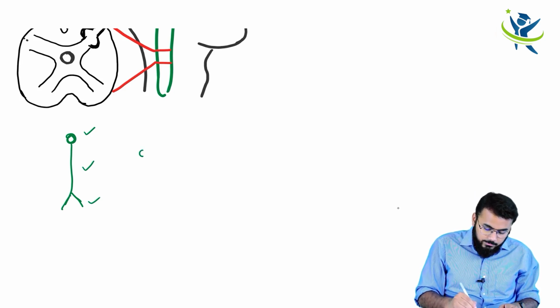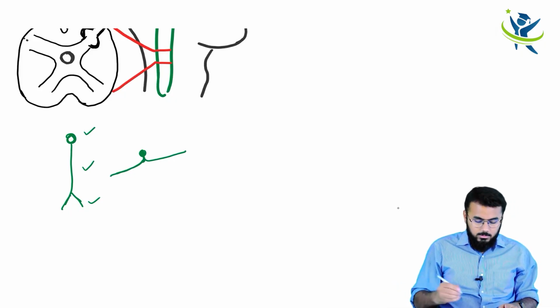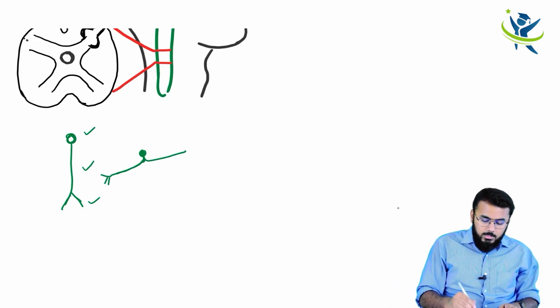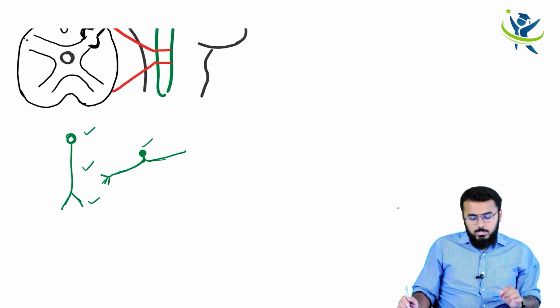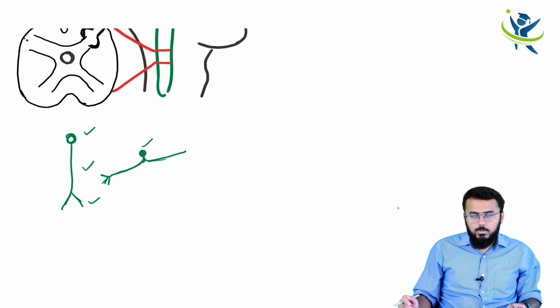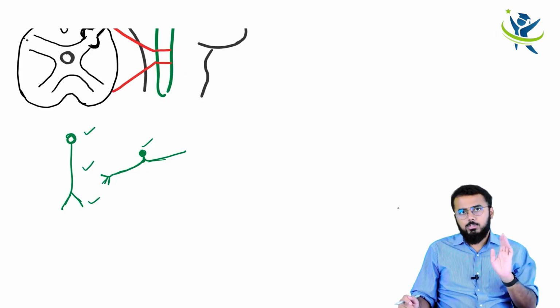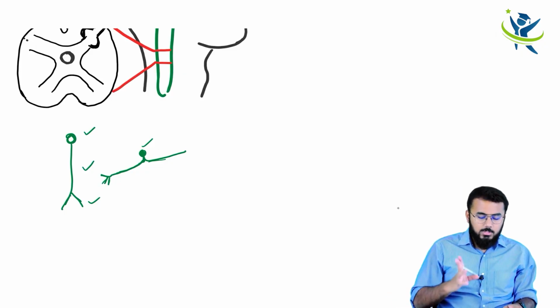This is the cell body, and the axon divides into two, one being the peripheral end. These are also called pseudo unipolar neurons. So dorsal root ganglion neurons are pseudo unipolar neurons.